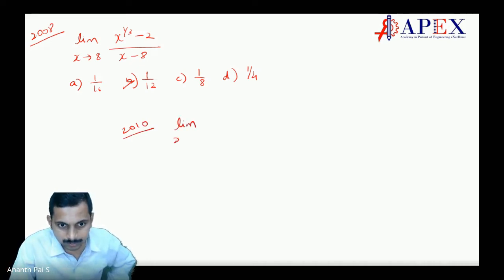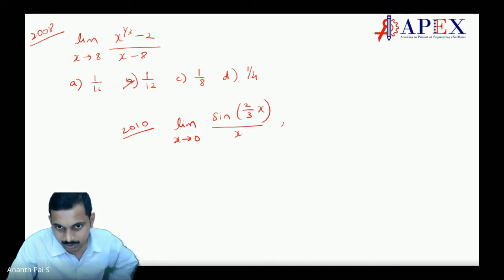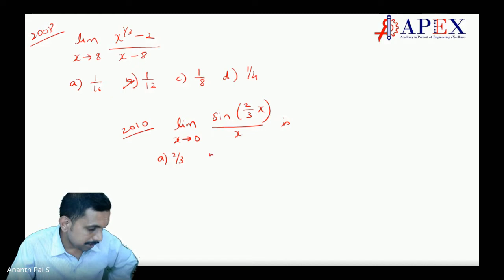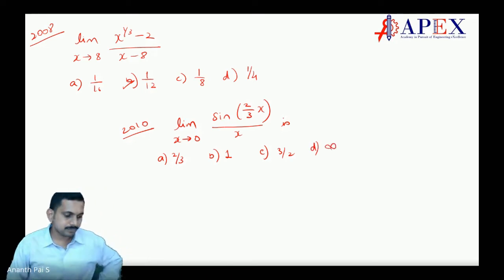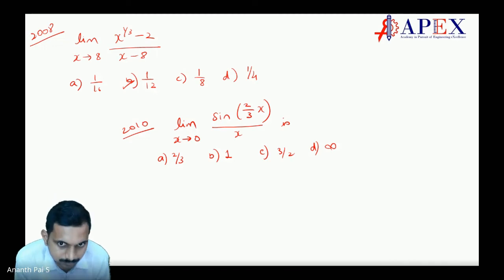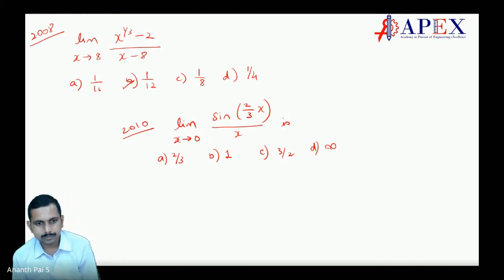Limit x tending to 0, sine of 2 by 3x divided by x is A, 2 by 3, B, 1, C, 3 by 2, D, infinity. Within a minute, you have to send the answer, students, for this. So easy 3 point question.